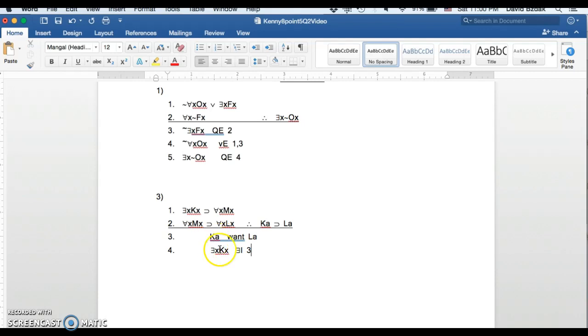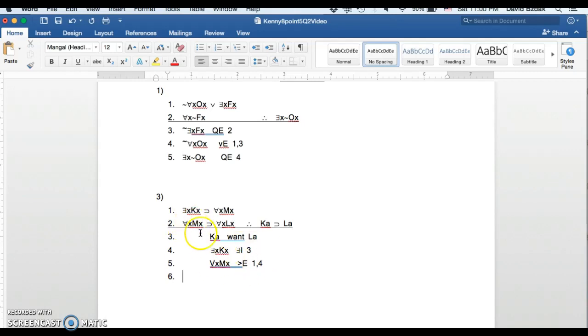So if A is a K, we know that there exists at least one thing that's a K. So now some x Kx is the antecedent of this conditional, so we can get the consequent by conditional elimination of 1, 4.